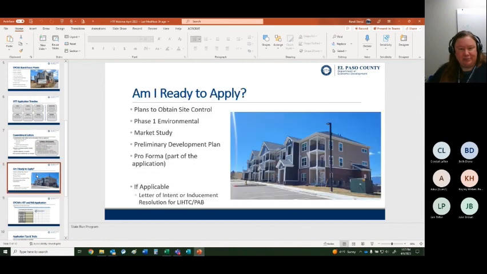So the question you should be asking yourself is, are you ready to apply? Some things to be looking at: if you have plans to obtain site control, you could be ready to apply for this. Environmental studies, market studies, preliminary development plans. We want to see that you've got some stuff in place, that you're not just thinking about this short term, but you're thinking long term.